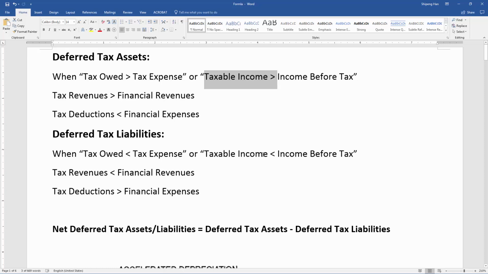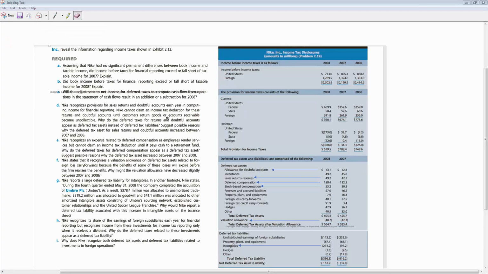So taxable income will be less than income before tax. That's the reason for deferred tax liabilities. That's why we find the deferred tax liabilities in the income tax footnote. This is actually a very large increase.